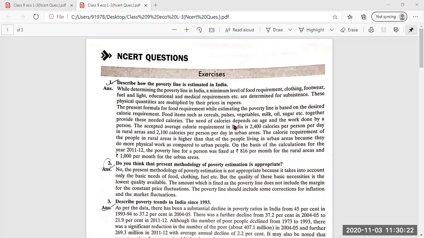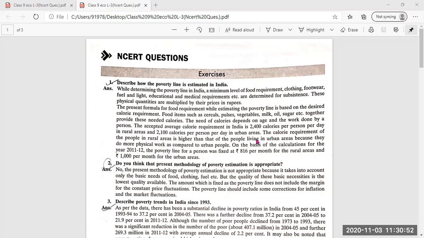The accepted average calorie requirement in India is 2,400 calories per person per day in rural areas, and 2,100 calories per person per day in urban areas. This is the main differentiation of calorie requirement, because in rural areas people are engaged in hard physical work in agricultural farms and so on.